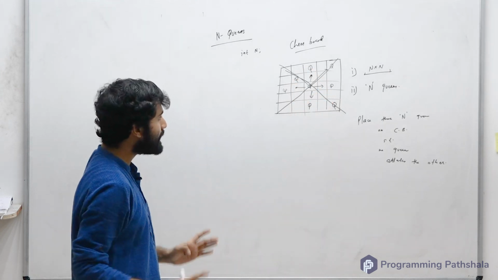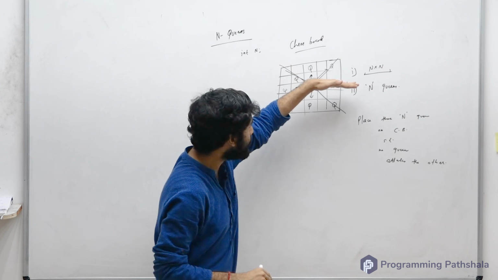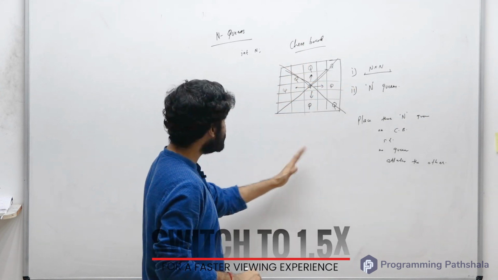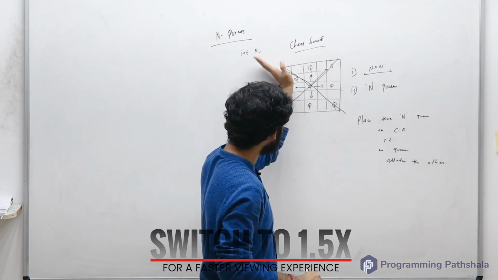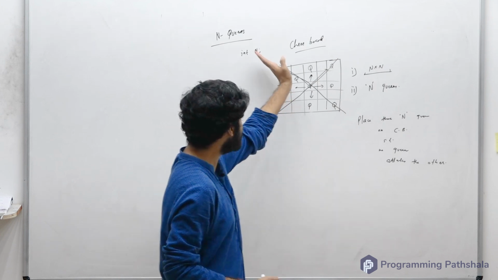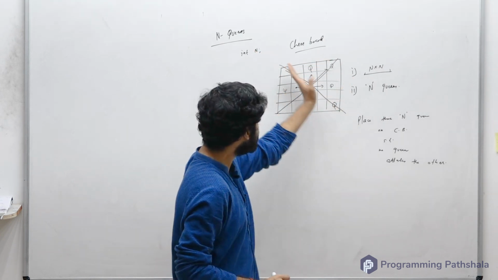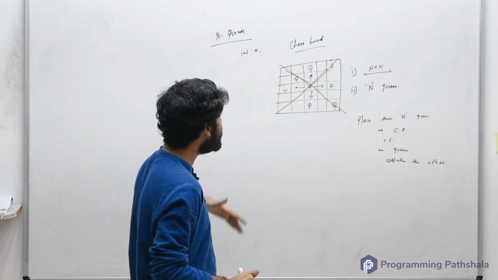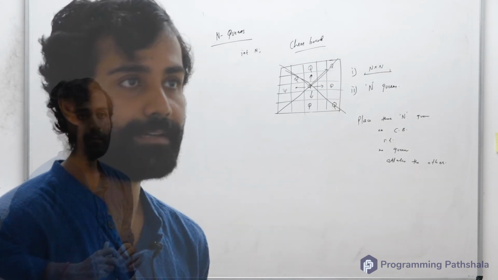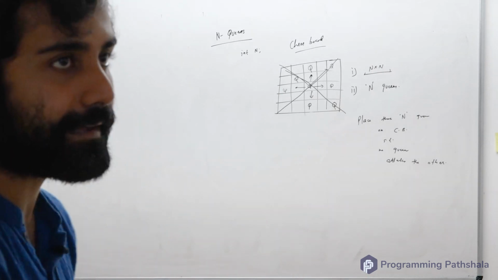So if two queens are along the same horizontal line, same vertical line, same major diagonal or same minor diagonal line, then there will be an attack. You understand when the queens will be attacking each other, right?